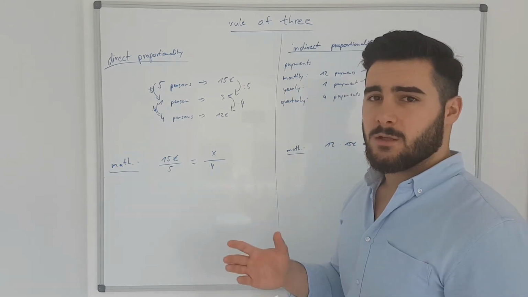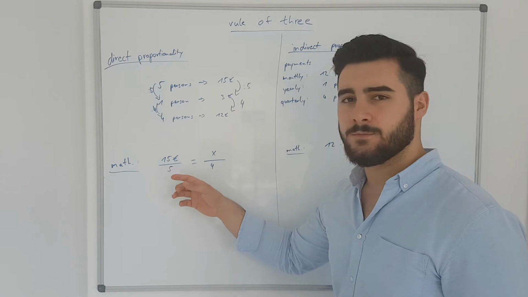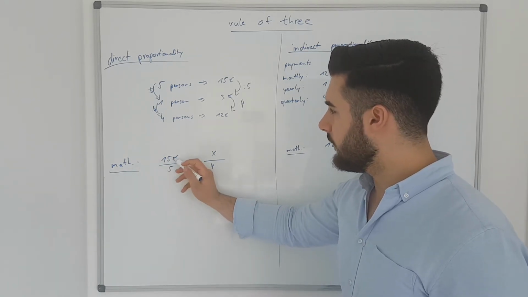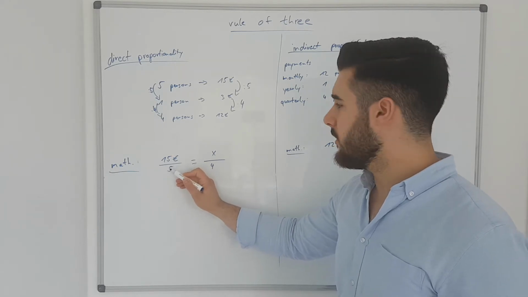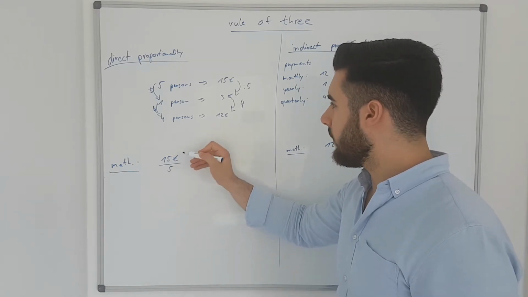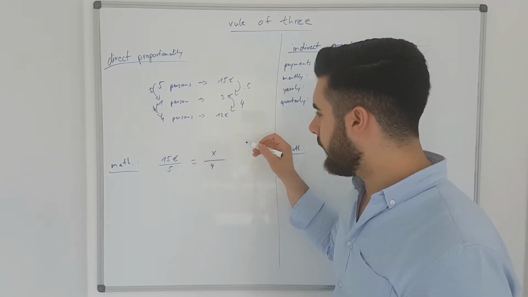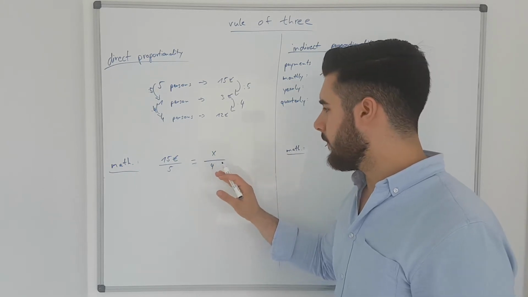The mathematical operation behind that can be broken down into fractions. So if we would write that down like this, 15 euros divided by 5, because we are talking about 15 euros for 5 persons. How much would it cost for the same thing but for 4 persons?